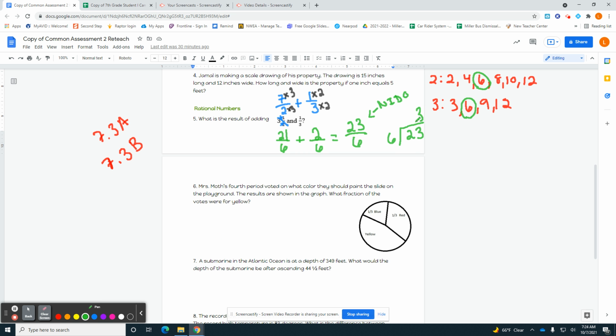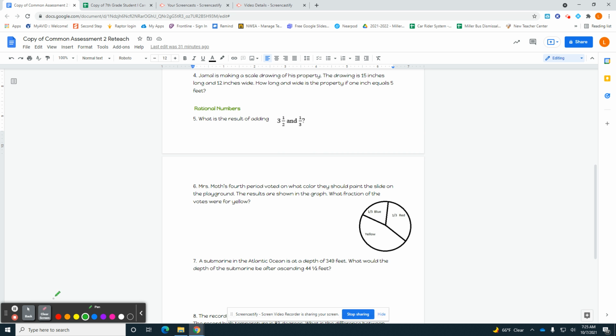So it would be 3. 6 times 3 gives you 18. So you're going to subtract. You have 5. Your remainder becomes your numerator, and your denominator stays the same. 3 and 5/6. Okay? So you got lucky. I solved this one all the way out for you. I just got carried away. So let's go on to our next one, number 6.